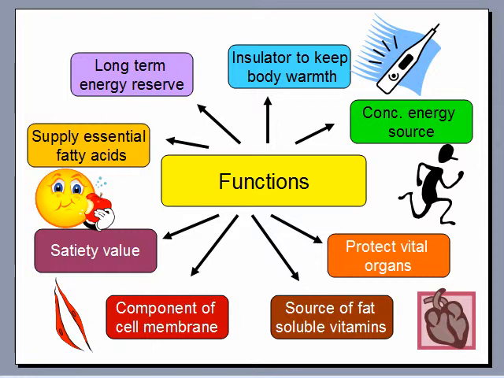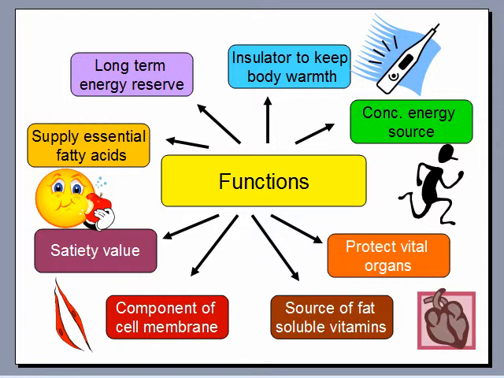1 gram of fat will give you 9 kilocalories of energy as compared to carbohydrate and protein, which will only give you 4 kilocalories. Fat is also essential because it protects vital organs in the body from shock and injury. Fat is also a good source of fat-soluble vitamins.